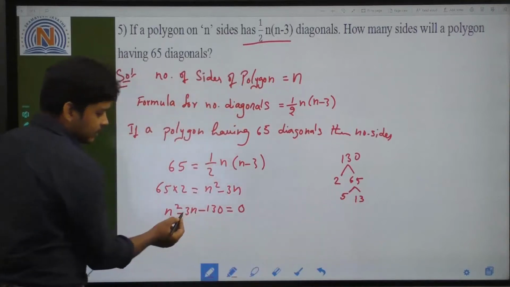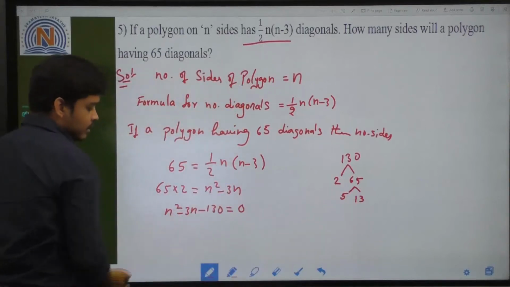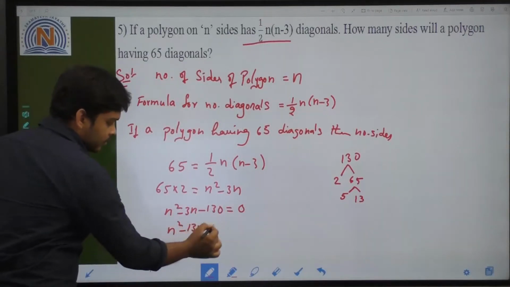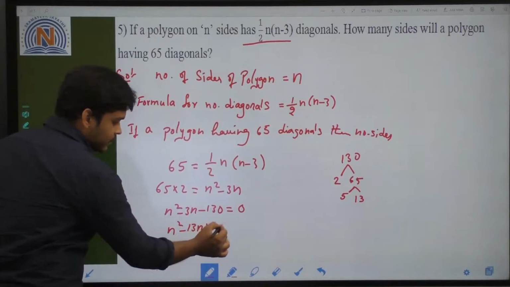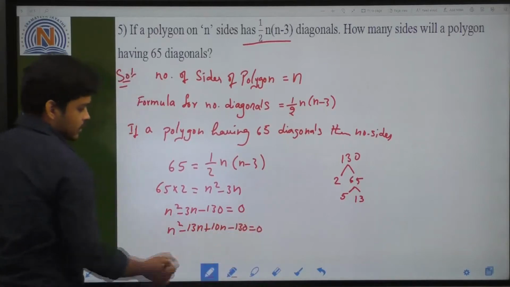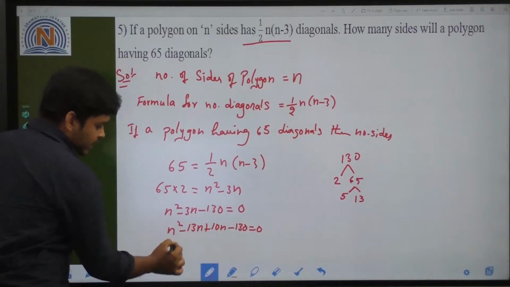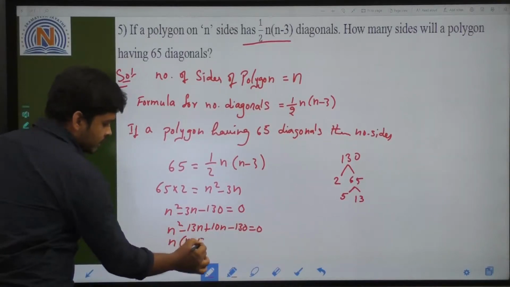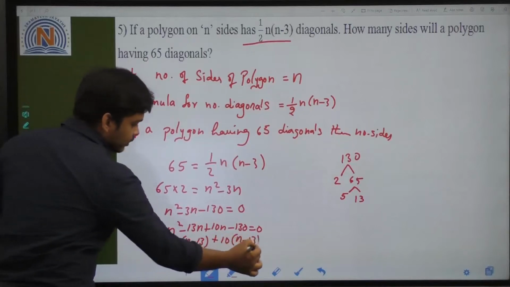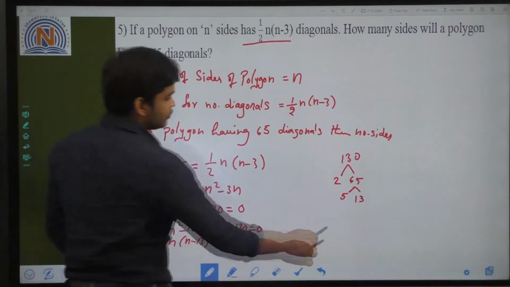So 10 into 13, if you subtract, 13 minus 10 is 3n, right? So n² − 13n + 10n − 130 = 0. See here, in these two terms take n as common: n(n − 13), and take plus 10 as common: 10(n − 13) = 0.